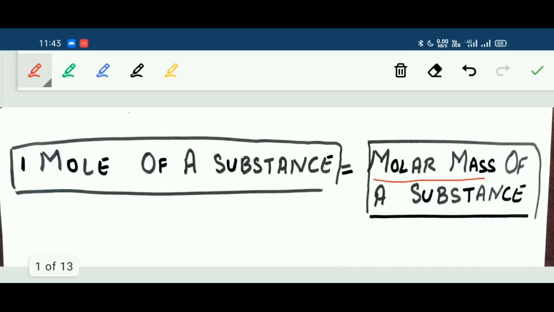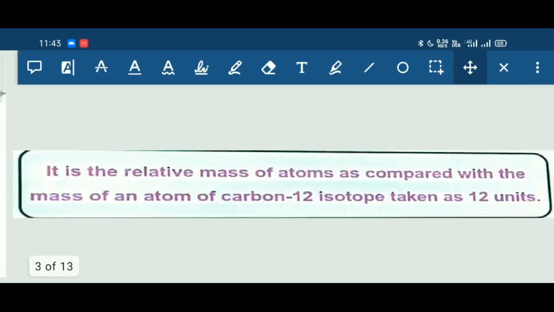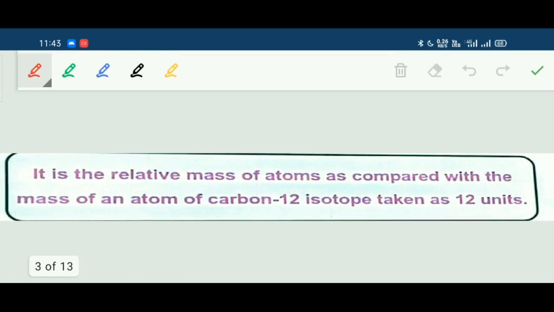In order to understand molar mass, first of all we have to learn about some old terms related to mass and some new terms. So let's begin. First of all, atomic mass.